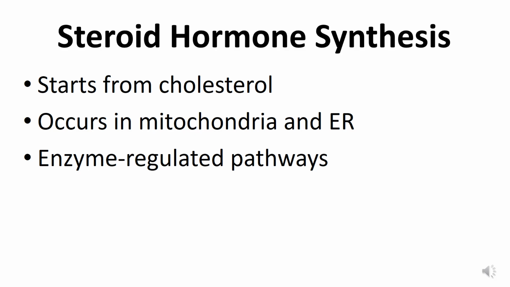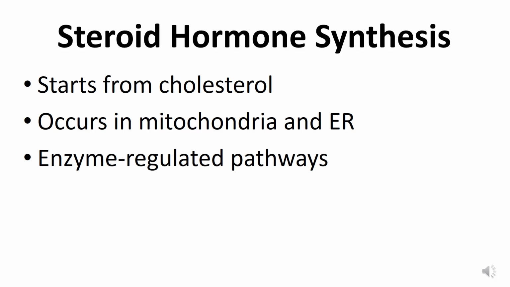These enzyme-regulated pathways are extremely precise. A small enzyme defect can significantly affect hormone levels. This may lead to endocrine disorders or metabolic diseases. For example, some genetic conditions prevent proper cortisol production. As a result, the body may produce abnormal amounts of other hormones instead.